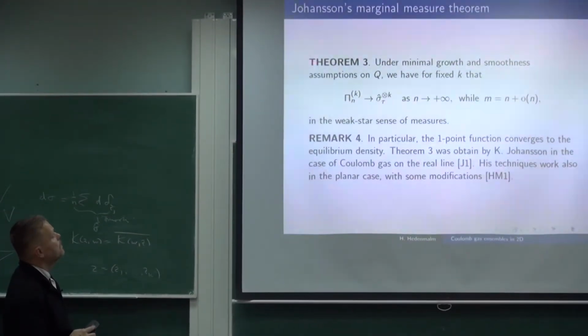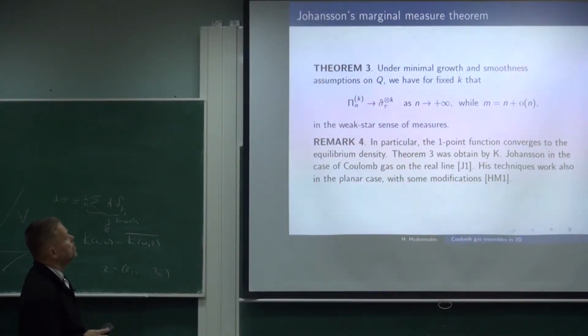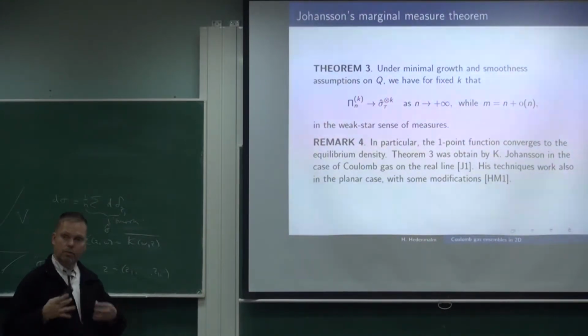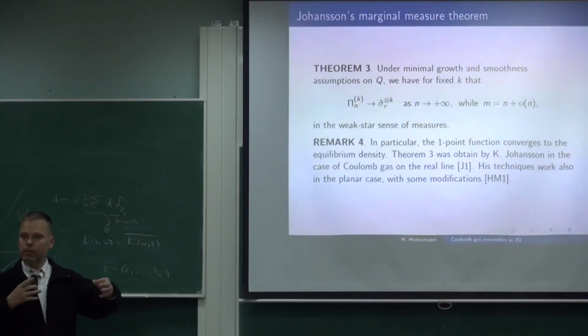The theorem says that under reasonable assumptions you can put on the potential q, you get this convergence: the marginal probability measure for a k-tuple converges in probability to the corresponding measure where you have the equilibrium measure corresponding to this parameter tau in each variable, and the process completely forgets, in the limit as n tends to infinity, the interaction between these first k particles.